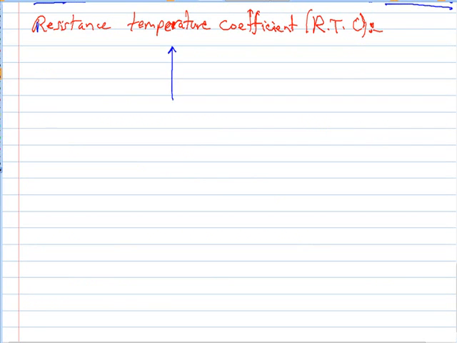If we have this relationship, let's say this is theta, the temperature in degrees Celsius, starting from 0 degrees Celsius. This is R0, and this is the unknown resistance R theta.